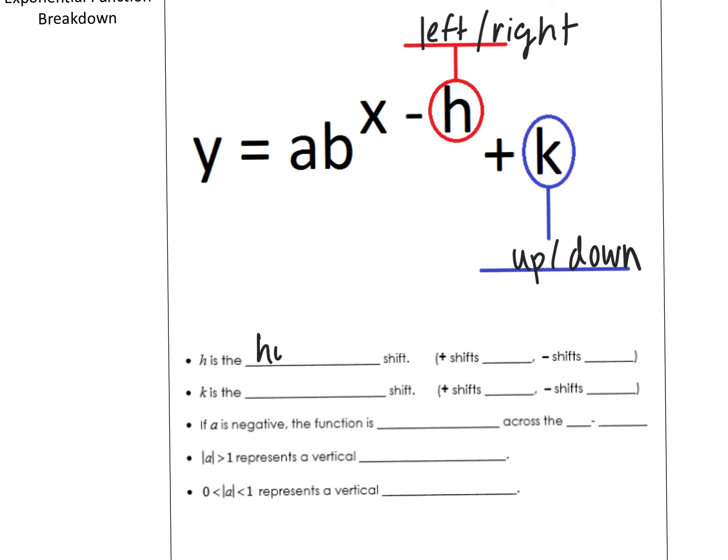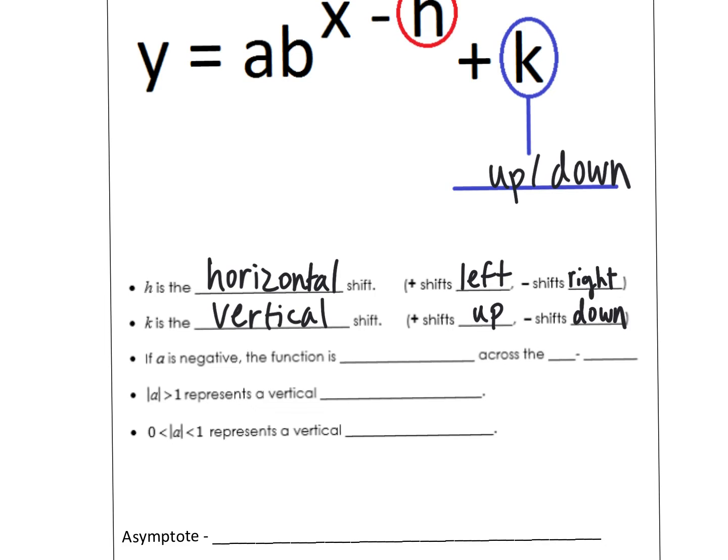H is horizontal. K is vertical. H is a little bit deceiving, so if it's positive, that actually means to go left. And if it's negative, that means go right. But K is the same, so if it says positive, it means up, and negative means down.